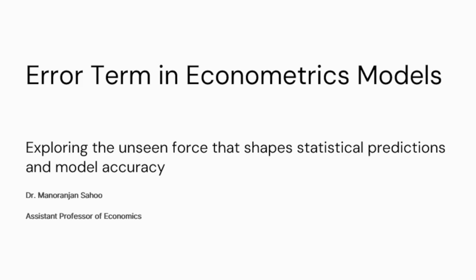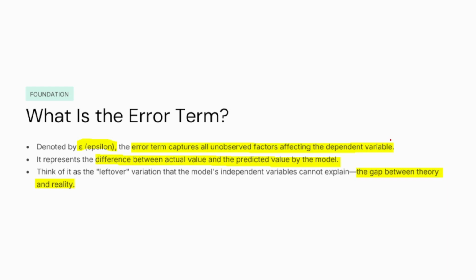In econometric modeling, errors are the unseen force that shapes statistical predictions and model accuracy. Therefore, in today's video, we will understand what is an error term, why does it matter, and what causes error in the econometric model.